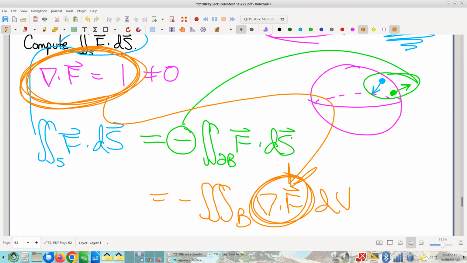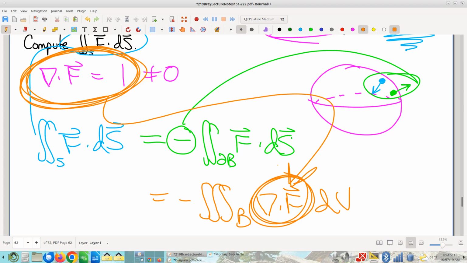Does that make sense? So if the divergence had been 0, the surface is still a boundary modulo orientation issues, and we still use the divergence theorem. It's just that now our integrand is 0, and it just makes the arithmetic easier. So it's all fun. The overall solution would just be 0. If the divergence had turned out to be 0, then the answer would be 0.